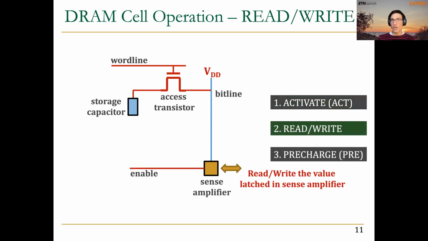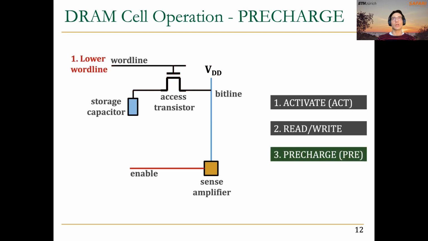At this point, the sense amplifiers, the local row buffer, contain the values that are stored in the specific DRAM row. And at that point, we can start reading the values latched in the sense amplifiers, or we can write values into these sense amplifiers in order to later move these values back to the storage capacitors.